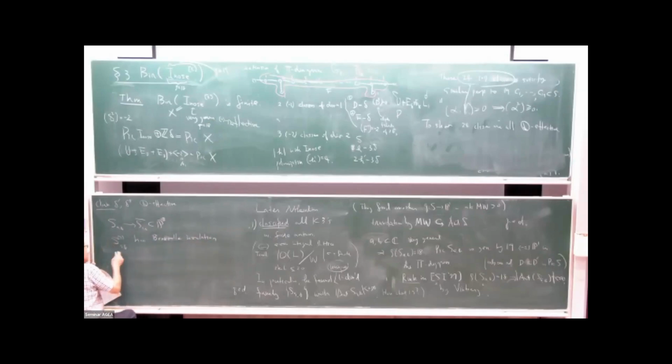Namely, if you have 2 points A and B, then you get 2 points here, A bar and B bar, and take the line joining A bar and B bar.